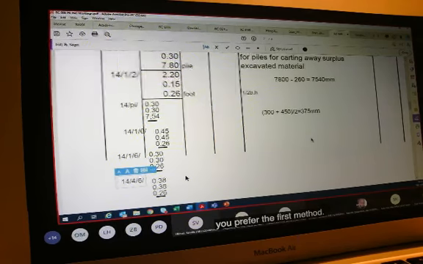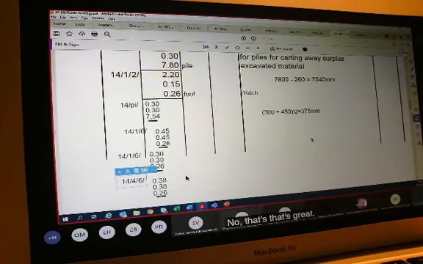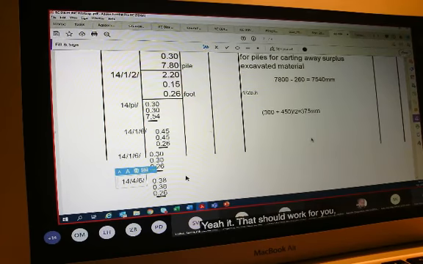You need to tell me, do you prefer the first method, or would you be okay working with this method that I have just shown over here? Now is possibly a good time to speak about that, to determine which one would work for you.